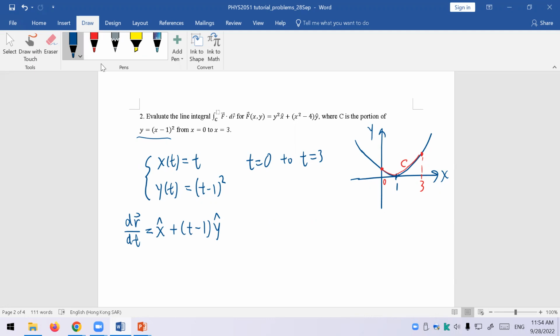So in principle, can I set x equals 2t in terms of t? Right, you can do that if you want. So if I do that, then I just have a 2 here, but then my limit will go from 0 to 3 divided by 2. You actually make that choice. And also this y as a function of t is 2t minus 1. Okay.